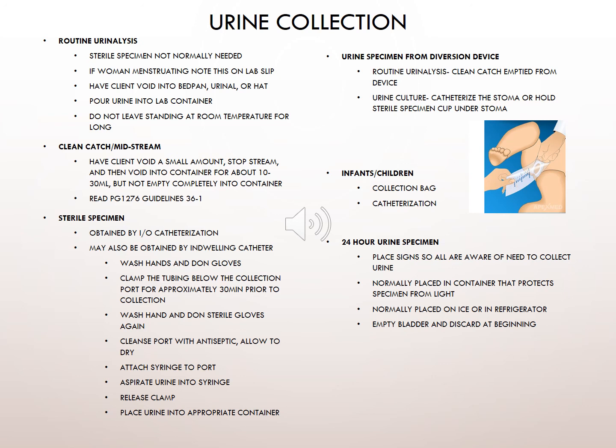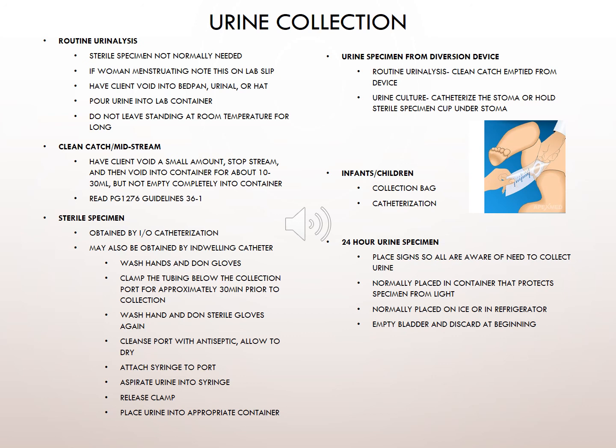The other thing that's not on this slide is if you have a woman who is menstruating, you need to note that on the label so that they know that and it doesn't become an abnormal finding with their urinalysis. There are times when we do want a clean catch midstream, and so we have to do some education to teach the patient what we need.